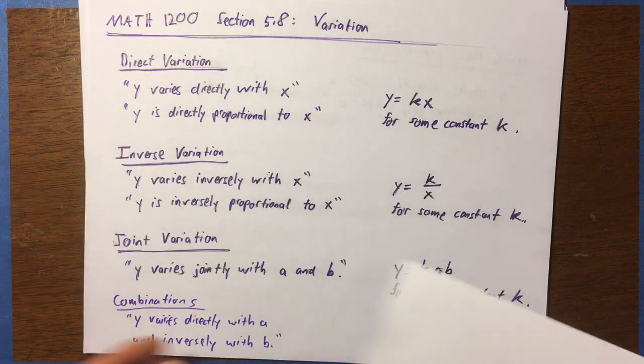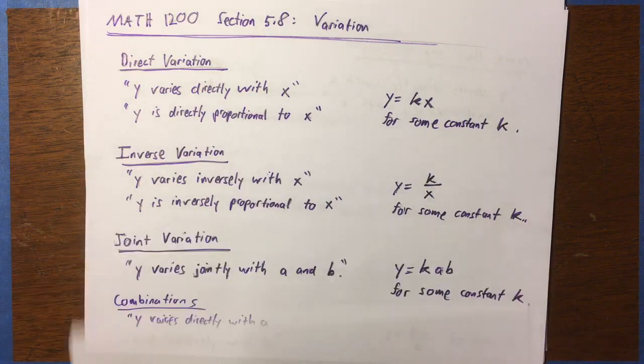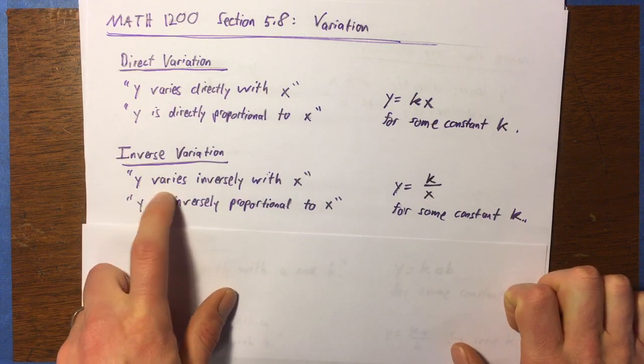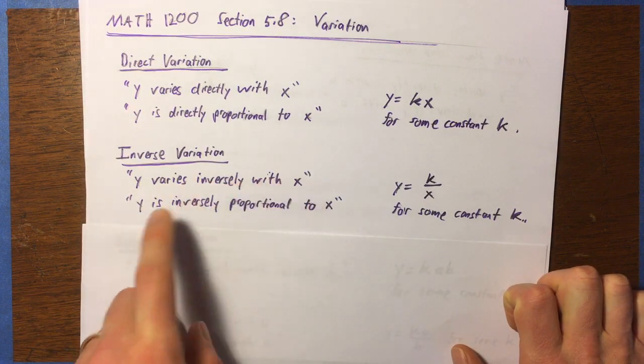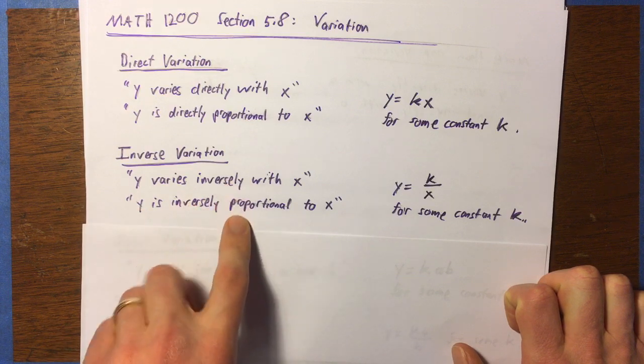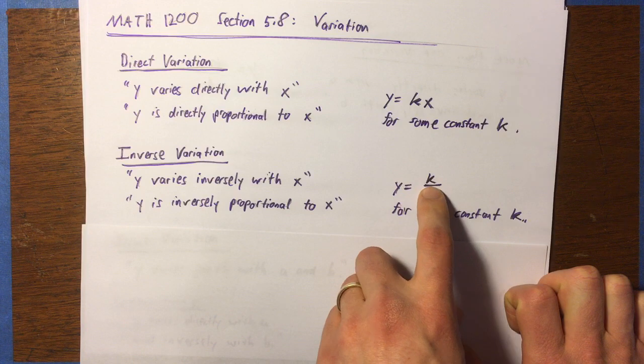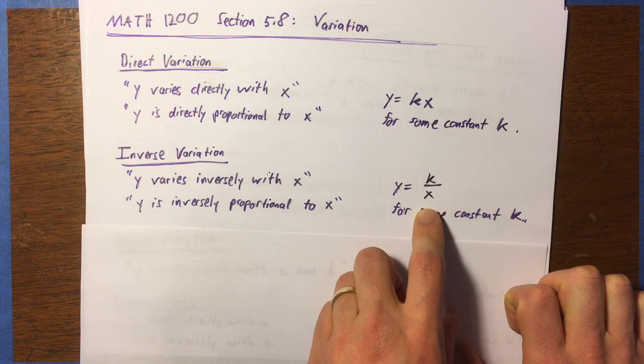Now, inverse variation. Inverse variation is spoken like this: y varies inversely with x, or in other words, y is inversely proportional to x. It just means that instead of multiplying k by x, you take k and divide it by x.